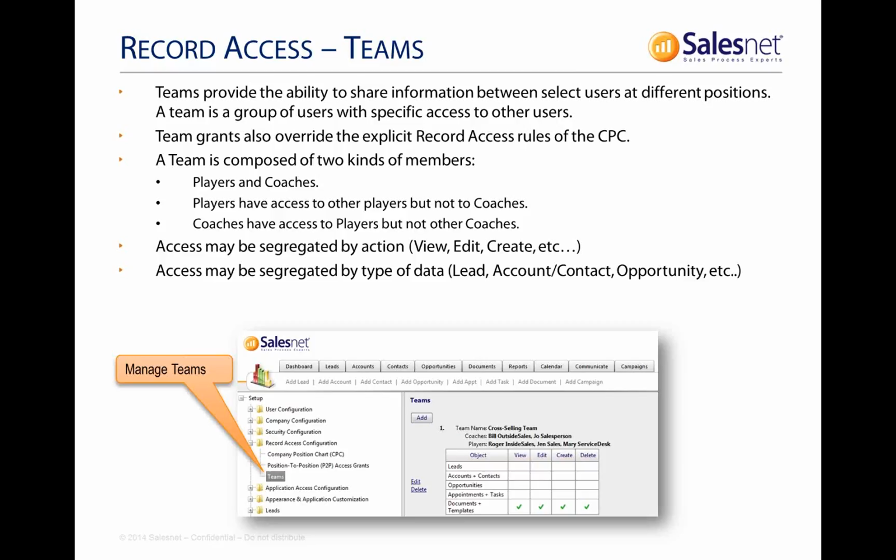So we can open up similar access to just individuals. And the classic here is, you have an inside salesperson who always works with an outside salesperson, and they need full access to one another's data inside of Salesnet. So we would make a team for them so that they can have access.